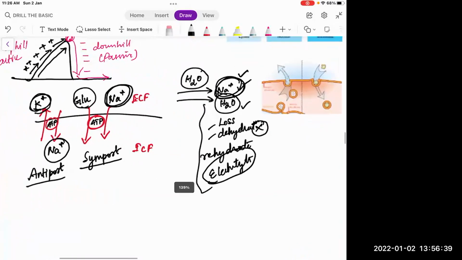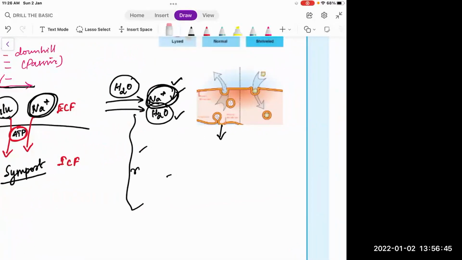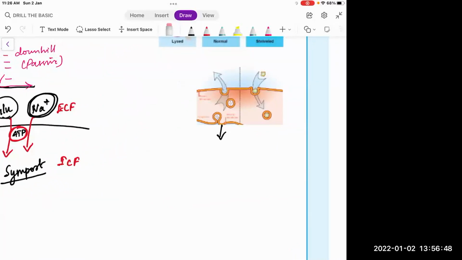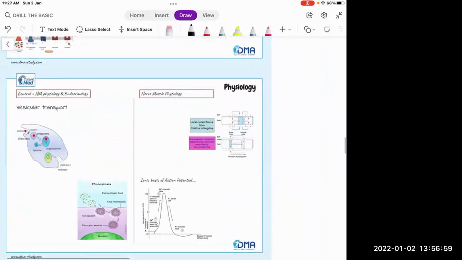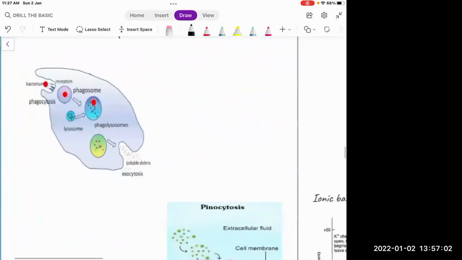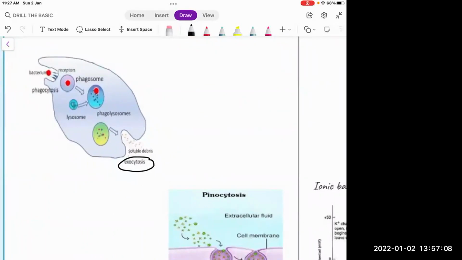Exocytosis is the process of, this is the example of exocytosis. And this is endocytosis. And I have one more picture for vesicular transport here. So exocytosis, what happens here? Exocytosis is used mainly for bacteria, or in the synaptic membrane, where you have to transport the synaptic vesicles and the synaptic neurotransmitters.